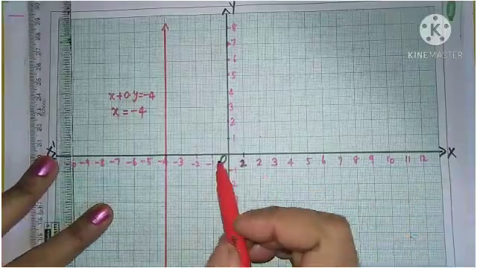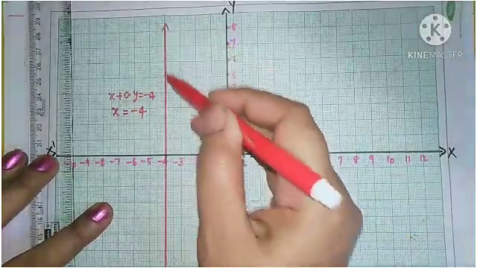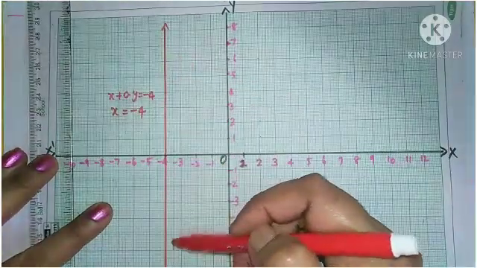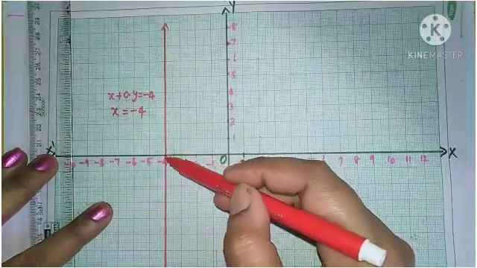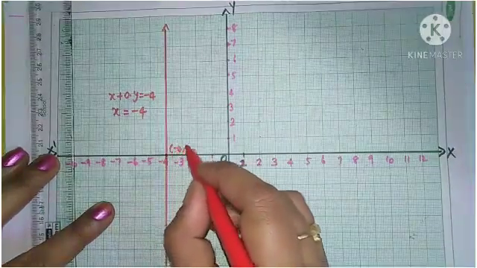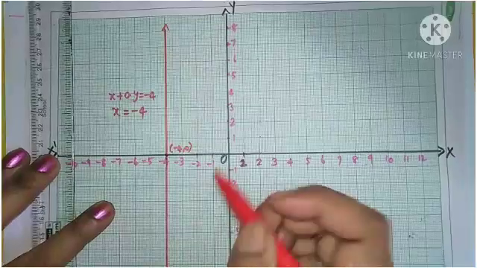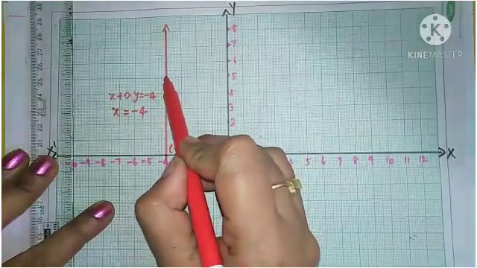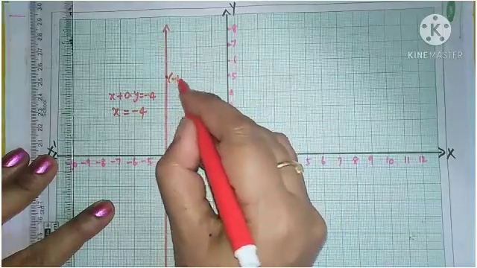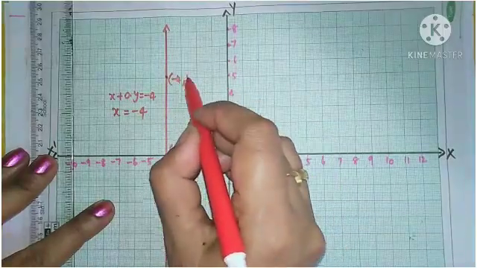And here also you see whenever you check the coordinates, you have different values for y, and for x there is no change, it is minus 4. If you see this point, this is minus 4 and 0, correct? x minus 4, y 0. If you take this point, what is that? x again minus 4 and y is 5 here.